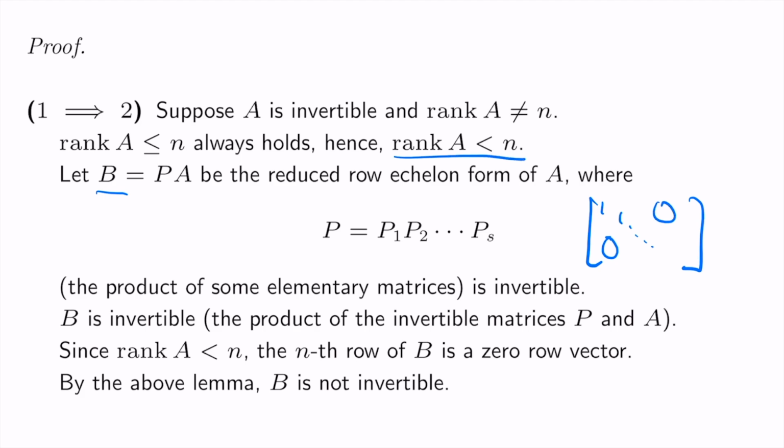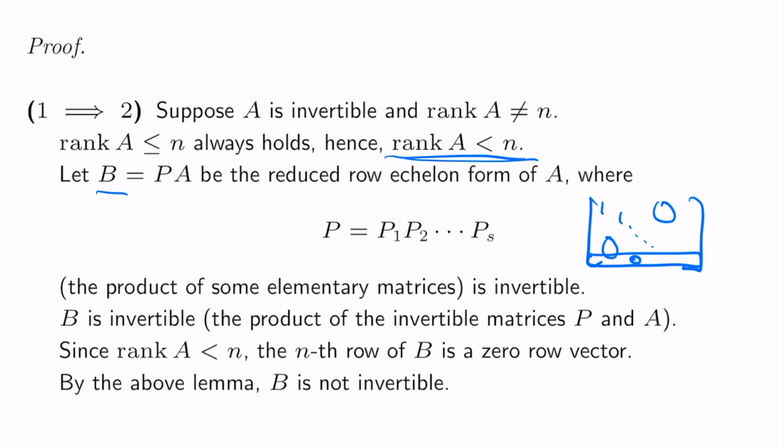And the rank of A is less than n, so in particular, at least this last row, the nth row, contains only zeros. Because the rank of a matrix is defined by the number of rows that contain non-zero elements in the reduced echelon form or echelon form.